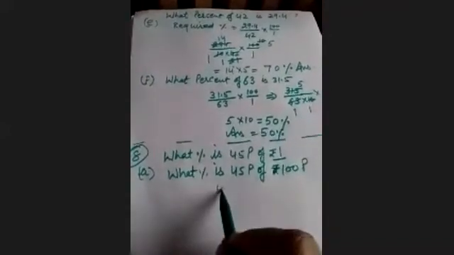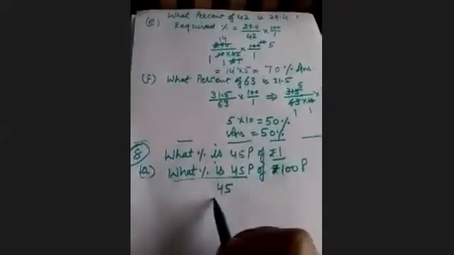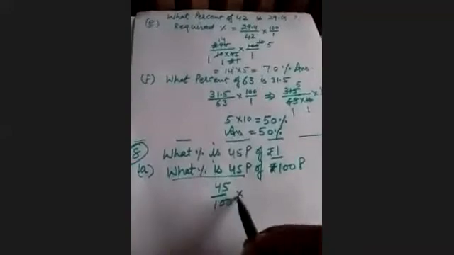Now we have 45 upon 100 into 100. 100 and 100 cancel. So the answer is 45%.